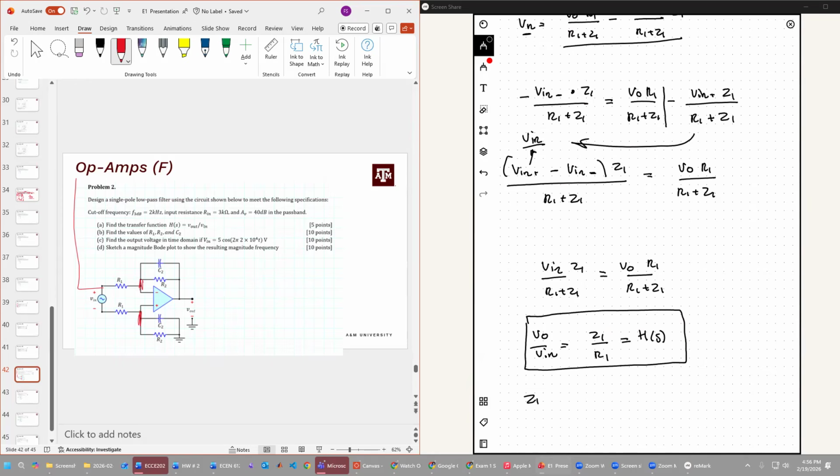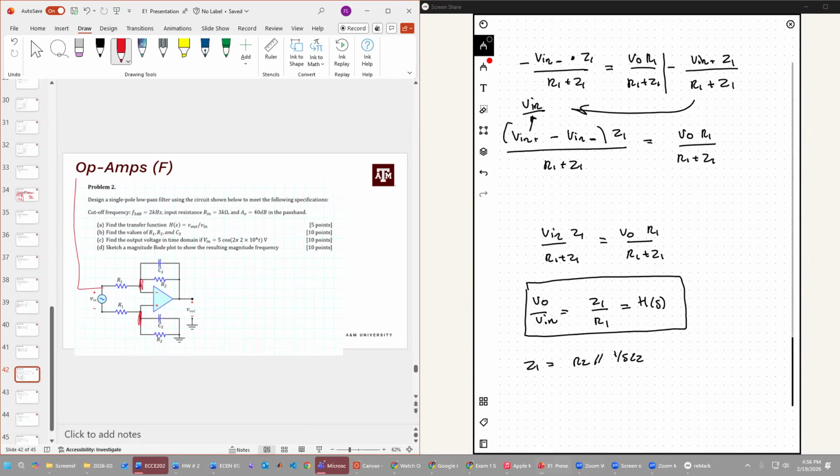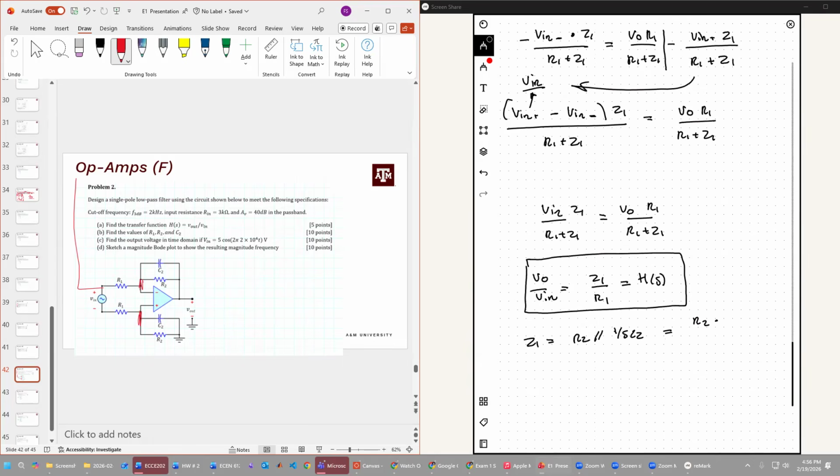Now Z1 is this. Okay, so this is just going to be product over sum.